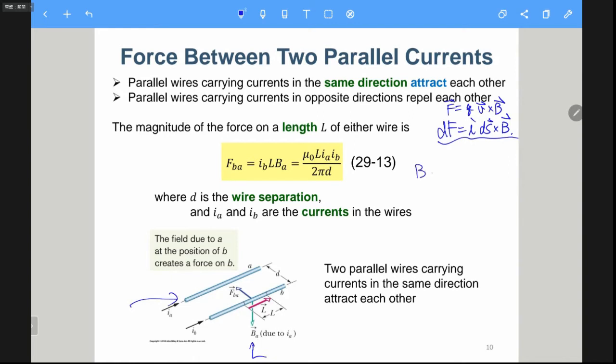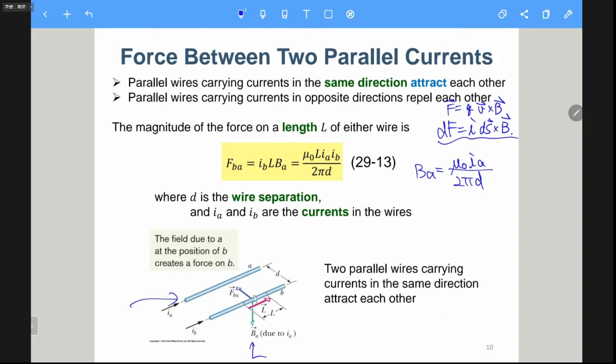So BA will be nothing but mu0 IA over 2 pi D, where D is the distance between them.